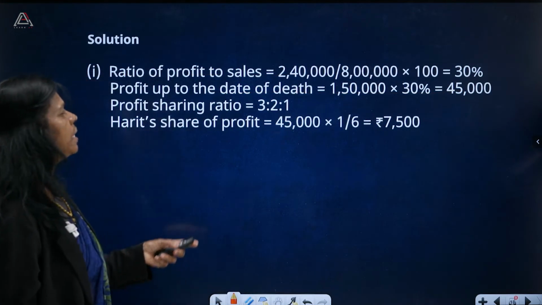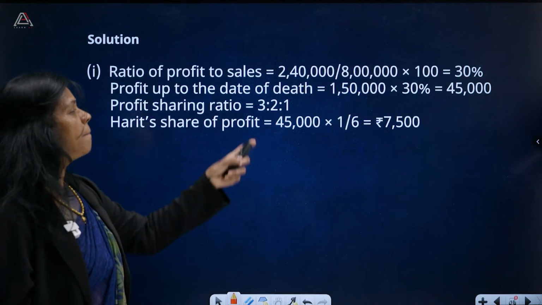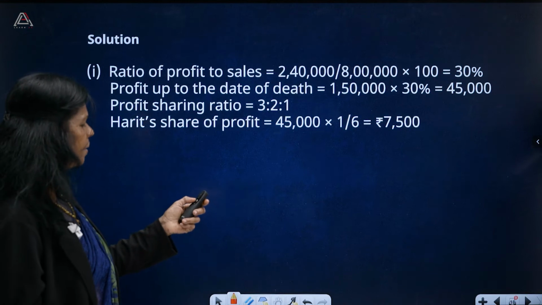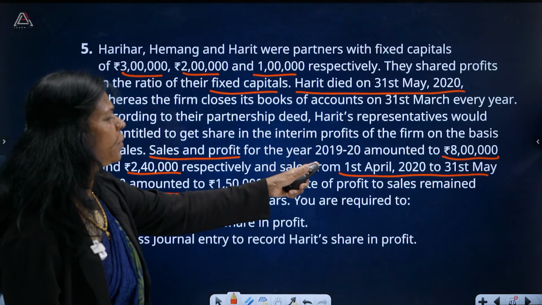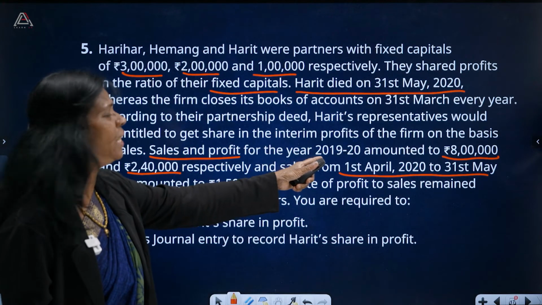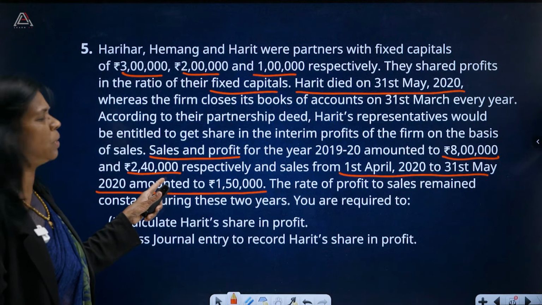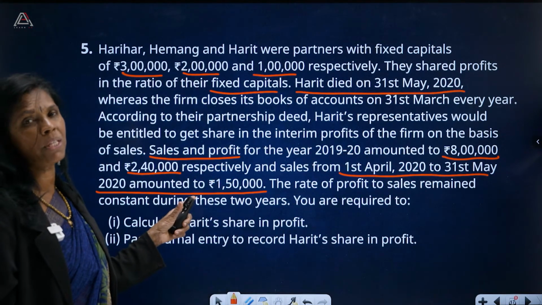See, ratio of profit to sales. First, we have to find out the ratio of profit to sales. It is given in the question. Sales and profit for the year 2019-20 amounted to rupees 8 lakh and 2,40,000. Then 8 lakh is the sales and 2,40,000 is the profit.